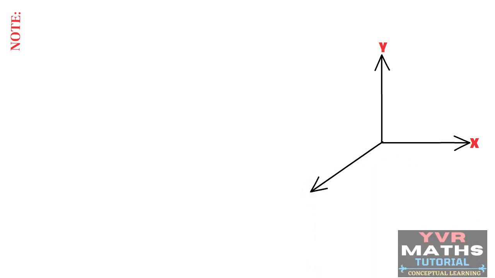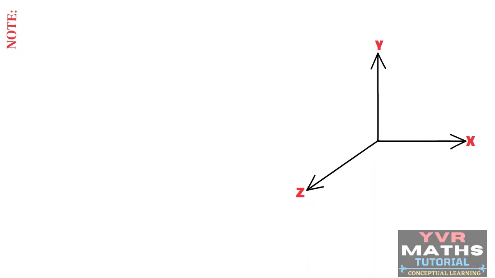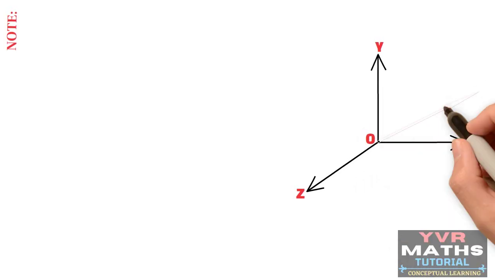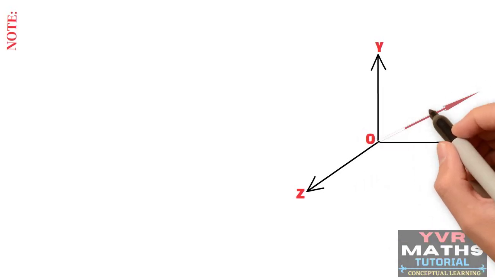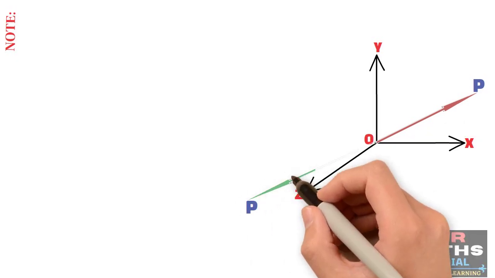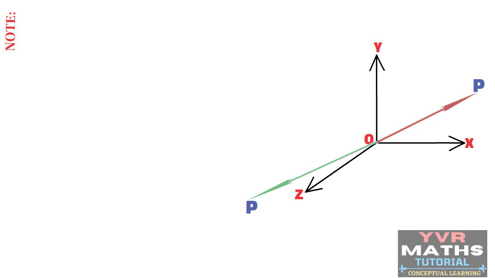The point of intersection of the coordinate axes is the origin. Previously, we considered a directed line from O to P. Now, I will consider a directed line from P to O.